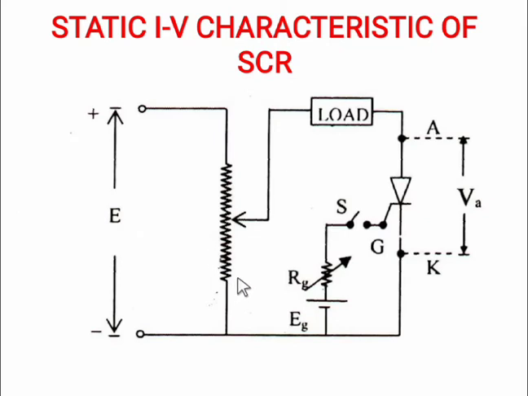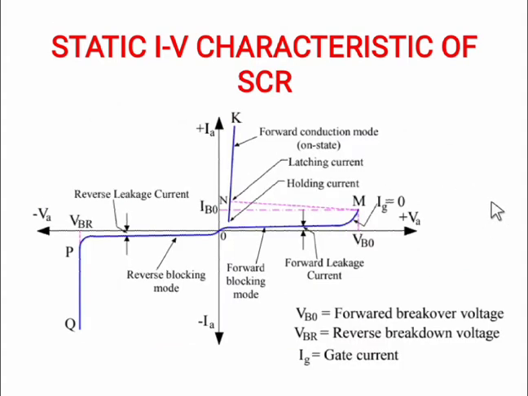It is of very small magnitude. If we move this arm upward, we increase the voltage across the SCR, anode and cathode, which is VA. If we increase this voltage VA in this direction, the gate is not applied, so the SCR is in the turn off condition.